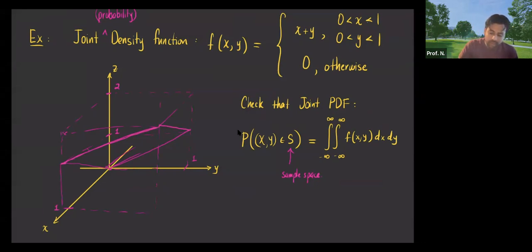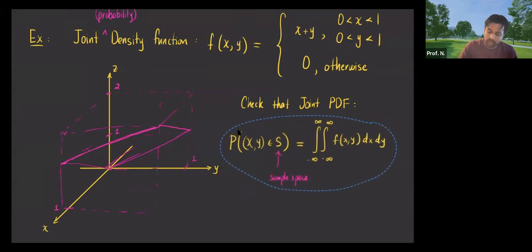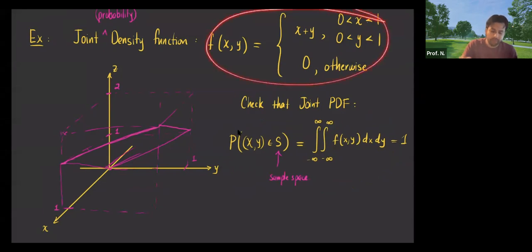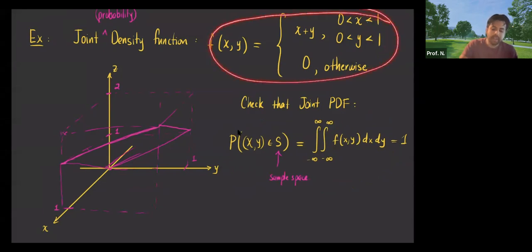What I want to show is that this equals 1. If it equals 1, we can move on. If it doesn't, then there's something wrong with the way the probability density function is defined. But of course, this is going to work out because it has to work out.